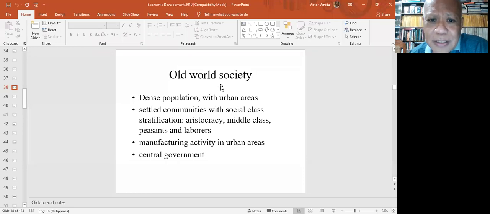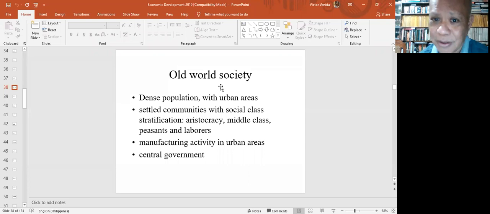And these are settled communities. Settled communities means that the population in these countries have been there for centuries. In contrast to the New World, where the population is largely comprised of immigrants, here in Old World societies they are settled communities.